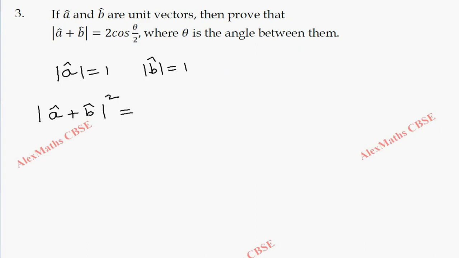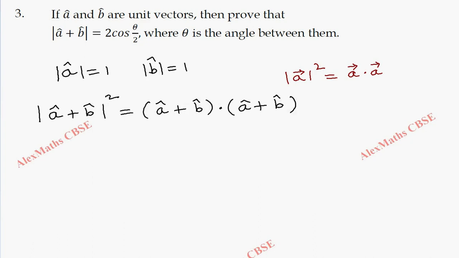We have a property where a vector with magnitude square can be written as the dot product of two vectors. So if we apply this, this becomes a cap plus b cap dot a cap plus b cap.